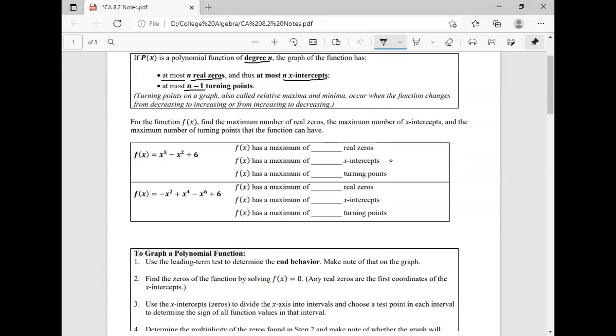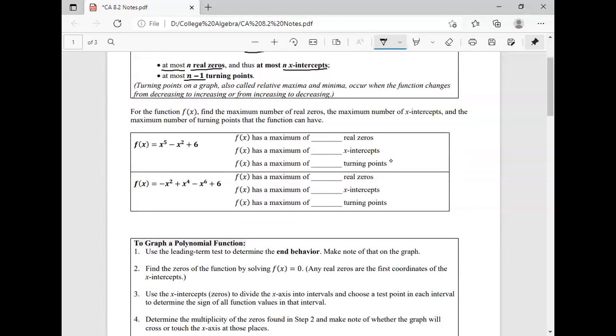Okay, so when we look at this, I'm looking at the terms that have an x in them, so x to the 5th and negative x squared. My leading term is going to be the one that has the highest exponent power of x. So x to the 5th would win over x squared. That means that this polynomial has a maximum of 5 real zeros and 5 x-intercepts.